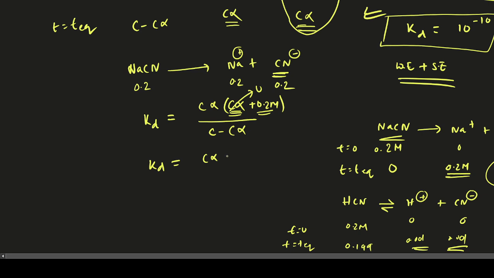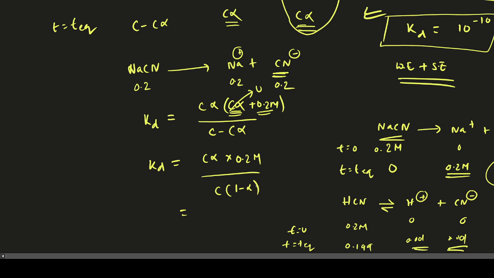So this is into 0.2 molar, and here, taking C common, C into 1 minus alpha.